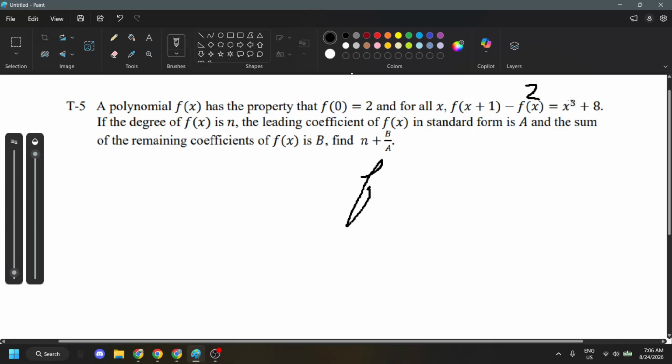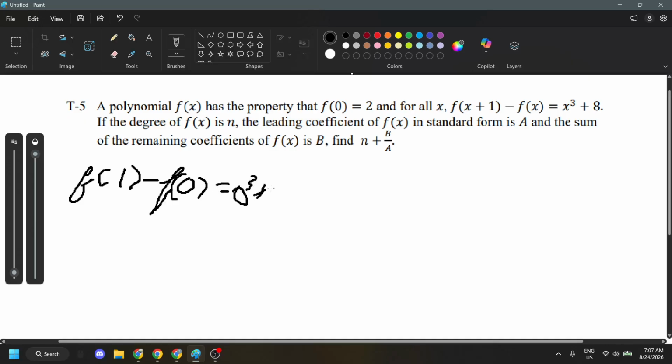F of x plus 1, so 0 plus 1 is 1, minus f of 0 is equal to 0 cubed plus 8. So this is 2. So f of 1, add 2 to both sides, is equal to 10.